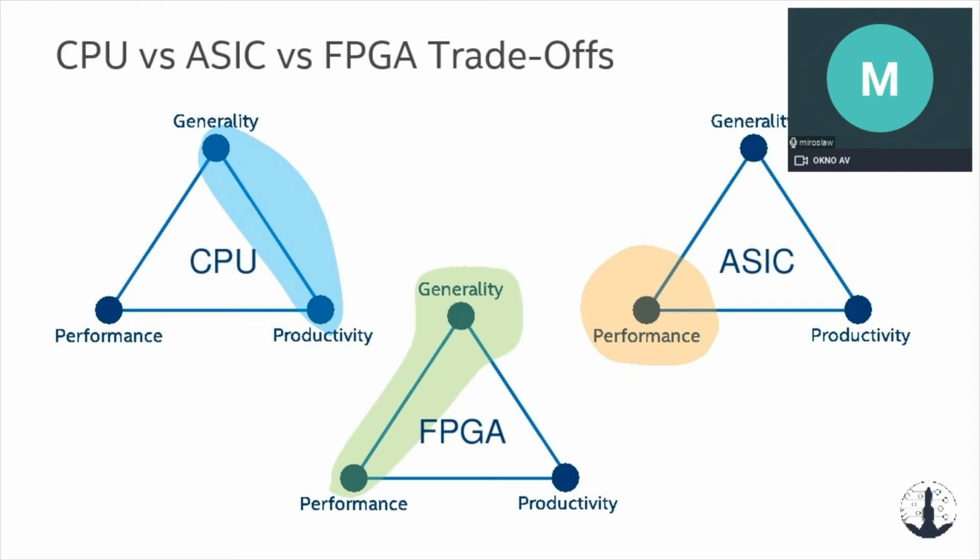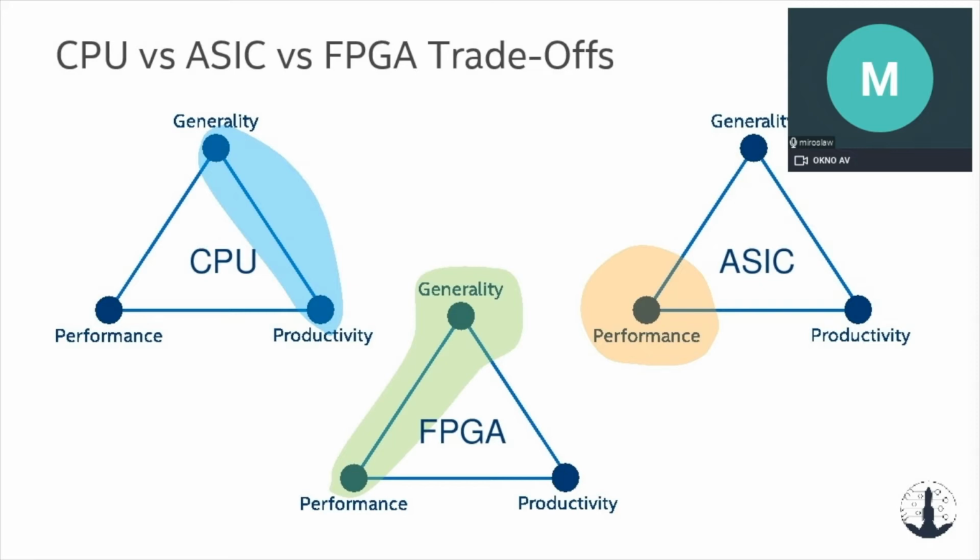On the opposite side, you have the ASIC, which is not so general. It solves one problem, but it does it very efficiently. But creating ASIC hardware is a very time-consuming and very expensive process. But really, the ASIC has the best performance, the best performance per watt.